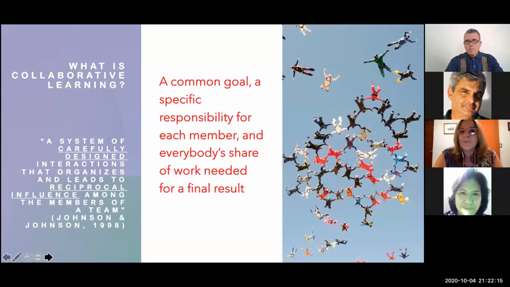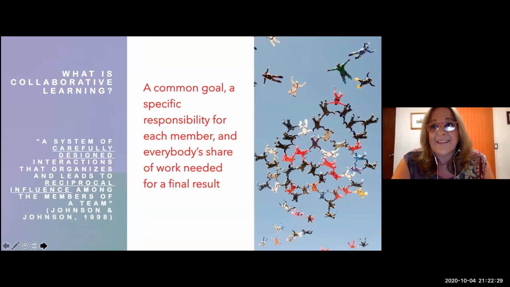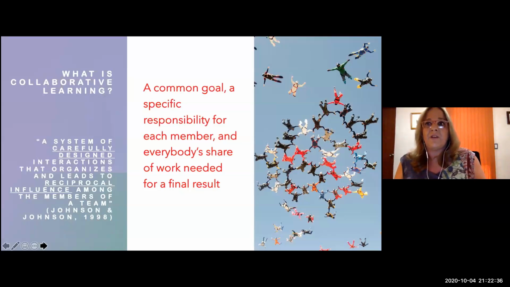And there must be a specific, very clear responsibility for each member, and everybody's share of the work is necessary to get a final result. This is key in having success when you implement collaborative learning in general in your classes.